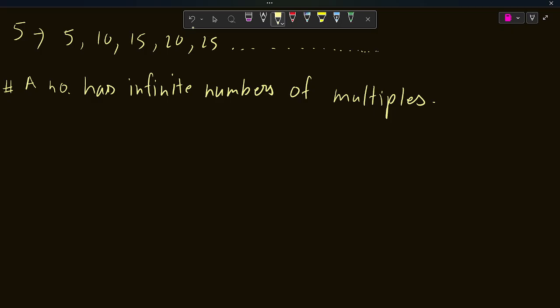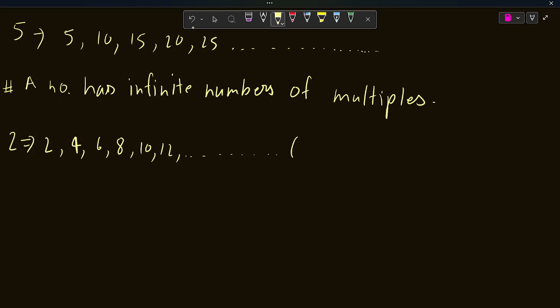Okay, now one more thing. If I try to write multiples of 2, the first multiple I will get is 2 itself. Then I will have 4, then 6, then 8, then 10, and so on. So you see, all the multiples of 2 are nothing but even numbers.